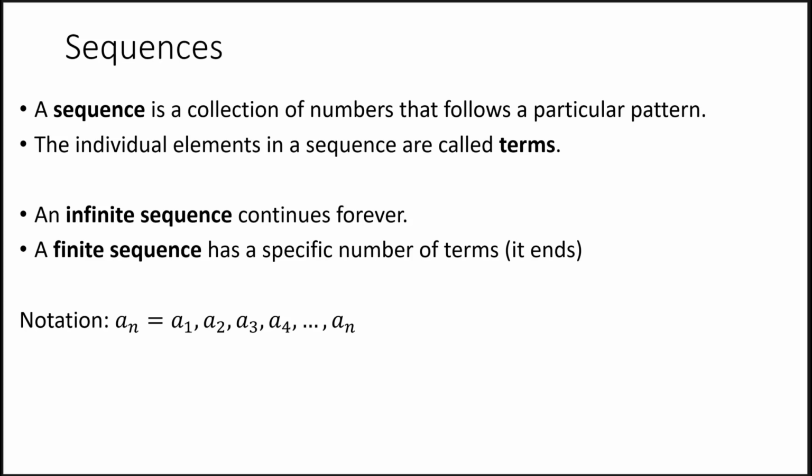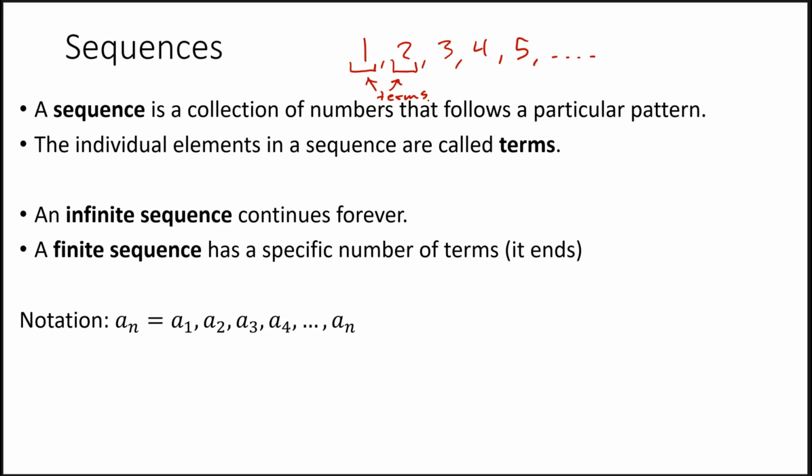The individual elements in a sequence are called terms, so that's individual numbers. So again, if I use the example of just the basic sequence 1, 2, 3, 4, 5, and so forth, that would be a sequence. It's following a pattern. I can see where it's going. And each of these individual numbers are our terms.